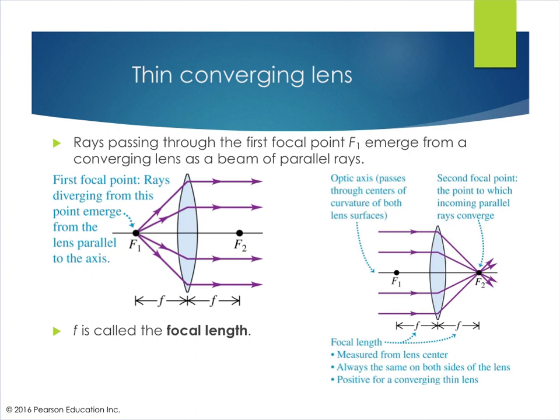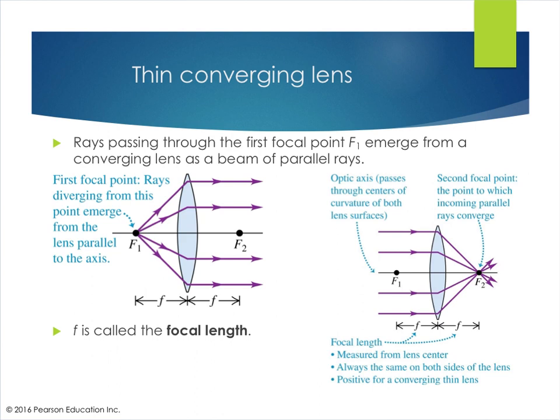And we can say the reverse is true. If we have light rays coming into the lens that are parallel with each other, they will converge on the focal point at the other end of the lens.